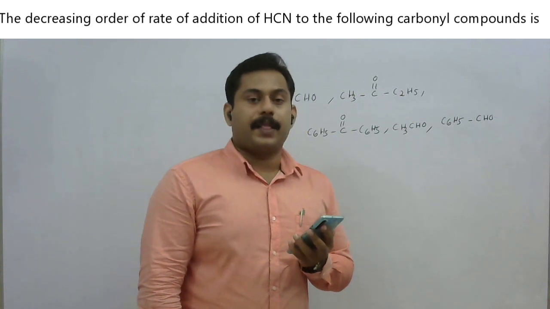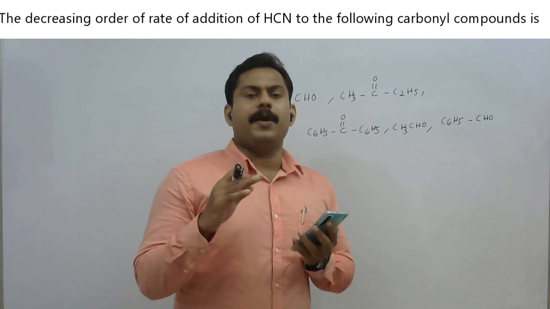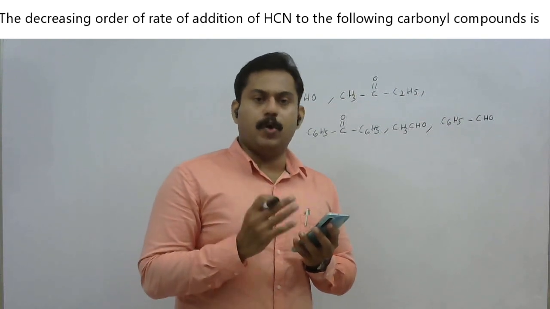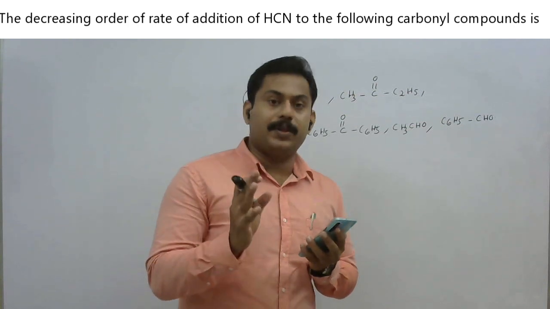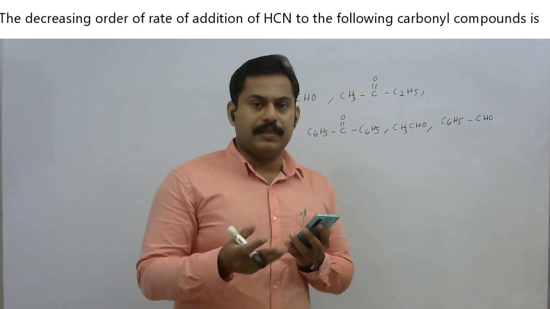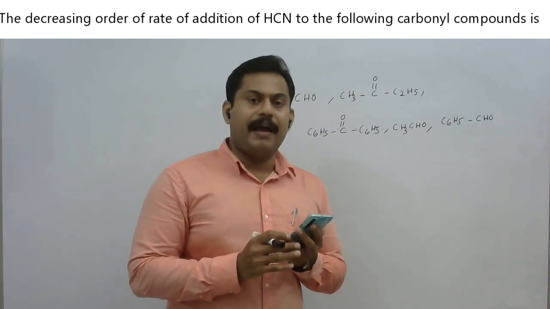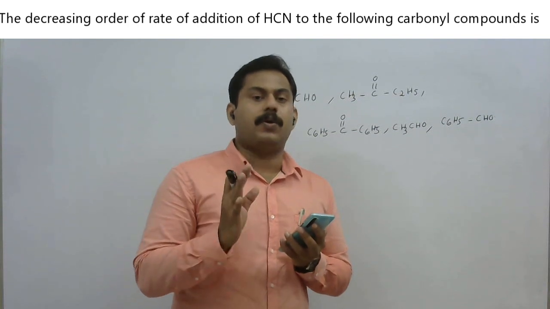As far as nucleophilic addition is concerned, aldehyde will be more reactive towards nucleophilic addition compared to ketone. That is the general theory, and you know the reasons also, right? There is an extra plus I effect group in the ketone that decreases the nucleophilic addition, and steric hindrance is also a factor which decreases the nucleophilic addition on ketones, right?